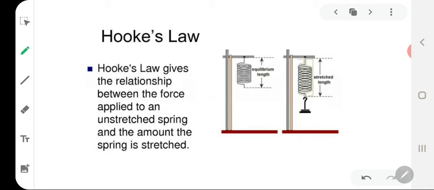So now we shall understand what is Hooke's law. Robert Hooke found this important law that gives the relationship between the force applied to an unstretched spring and the amount the spring is stretched.